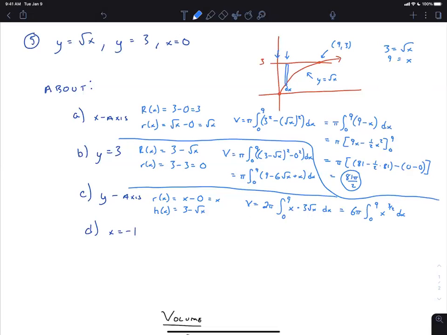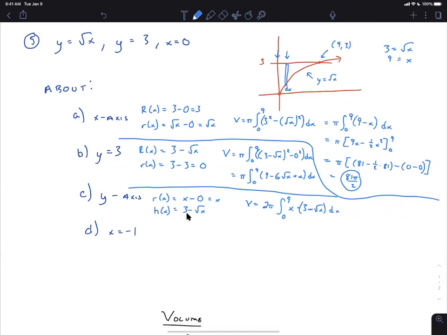Is that 3 root x or 3 minus root x? I'm sorry, where? Here? Oh man, my fault. It is for sure 3 minus root x, my fault. So let's fix that. Man, it's for sure 3 minus root x right here. My bad, guys. So it's x times 3 minus root x.